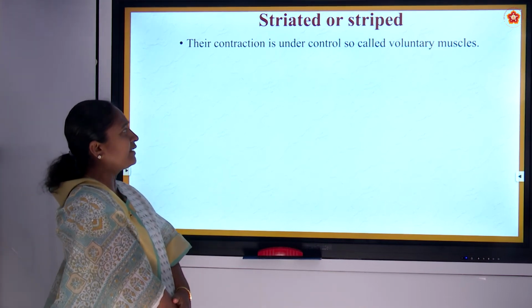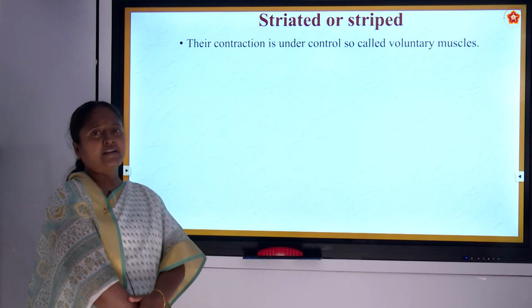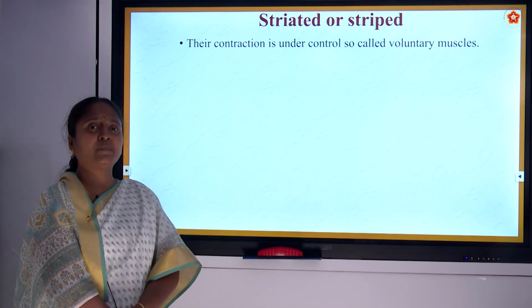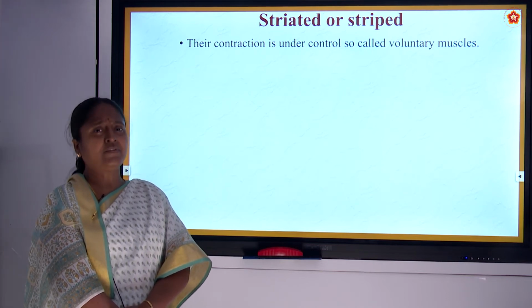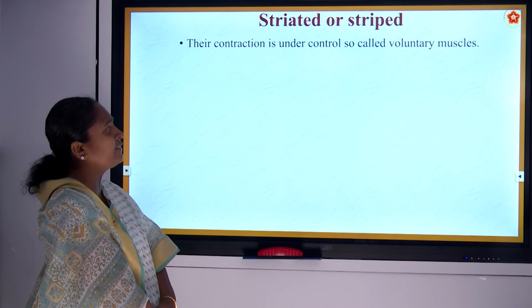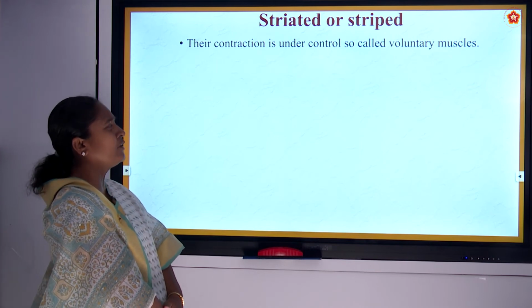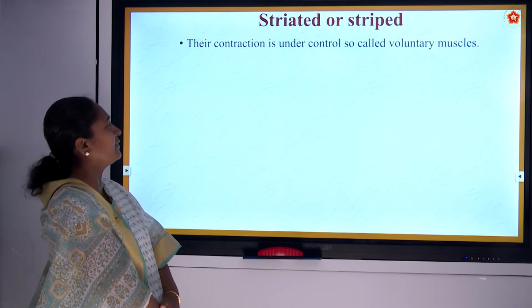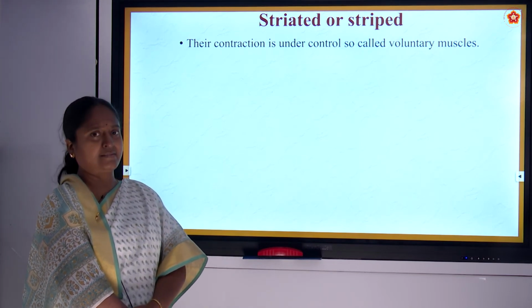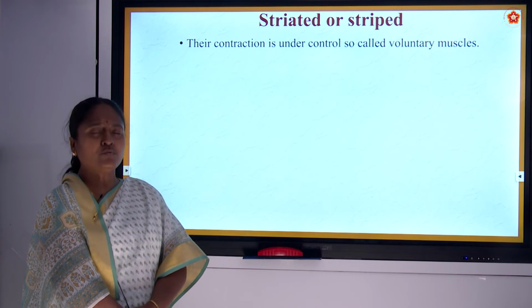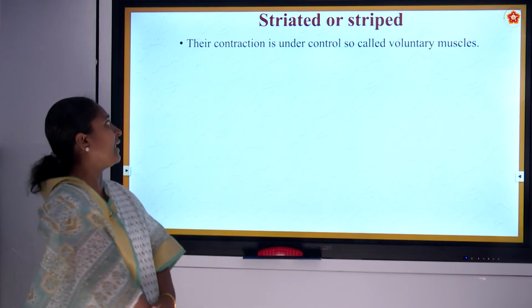This movement is voluntary: we are controlling the finger movement, hand movement, leg movement, neck movement ourselves, right? So, these are known as voluntarily controlled actions. Hence, these muscle cells are known as voluntary muscles. We can move these muscles as we like.